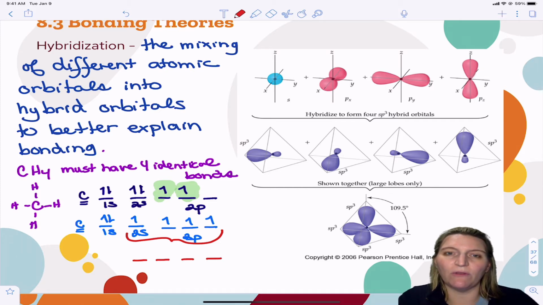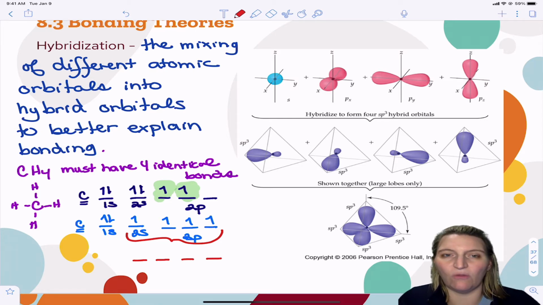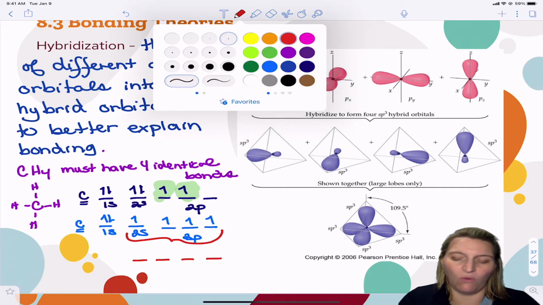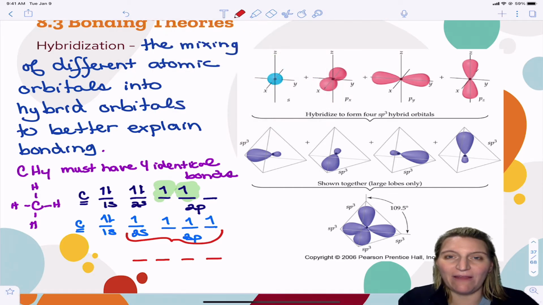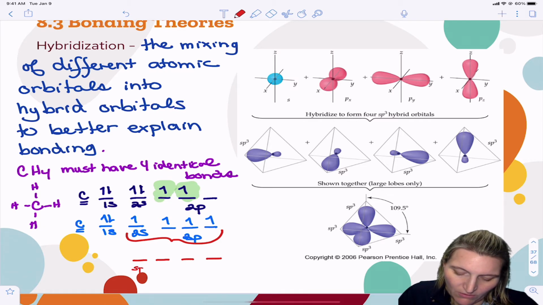So the s orbital and the p orbitals come together and they make 4 identical orbitals. We name them what they're made from. So because they were made from 1 s and 3 p orbitals, each of these orbitals is called an sp3 orbital.